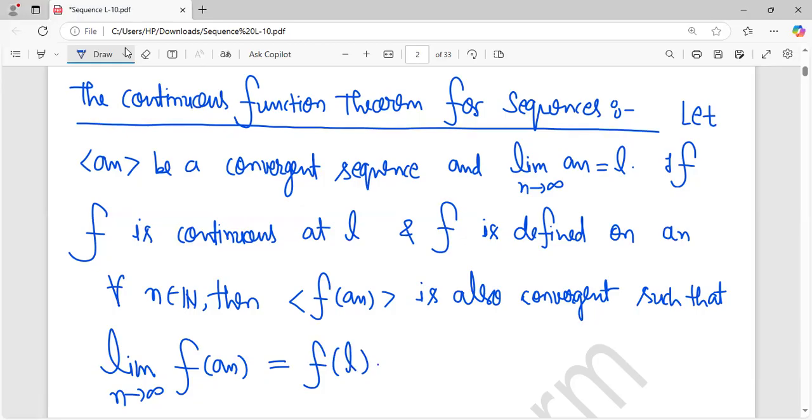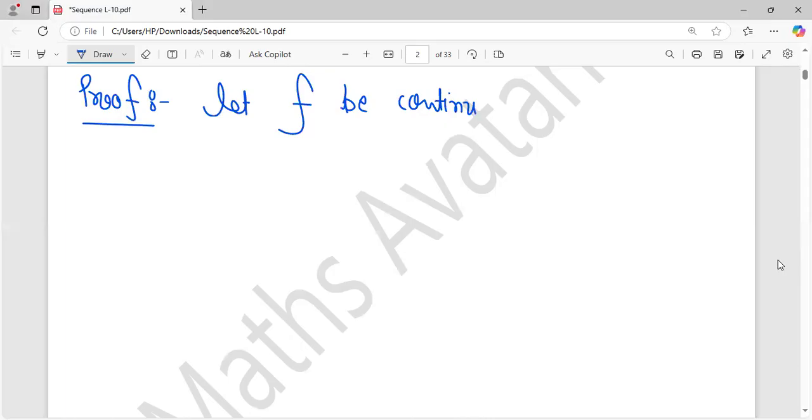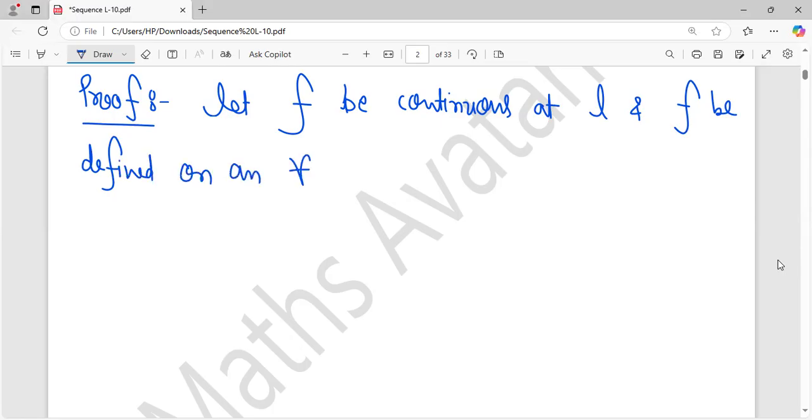Okay, so let's prove this theorem. Let f be continuous at L and f be defined on a_n for all n belongs to N. Let epsilon greater than 0.